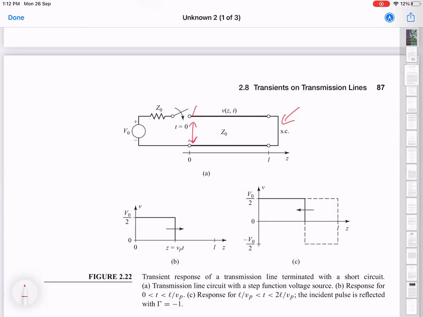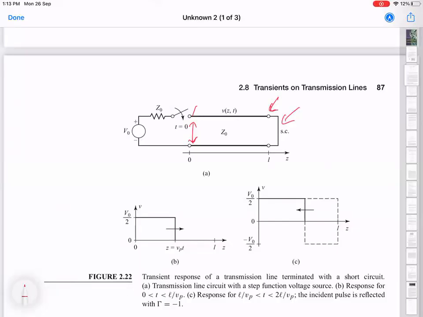That's what's shown here. Again at time t equal to 0, the wave launched on this transmission line is still going to have the same amplitude V0 by 2, because it doesn't depend on what's on the other end. What's going to change is that the steady state picture does not end till you have reached this point.